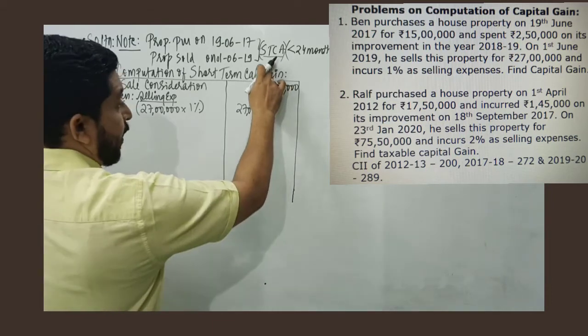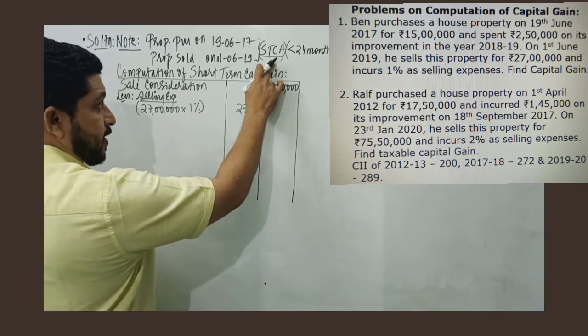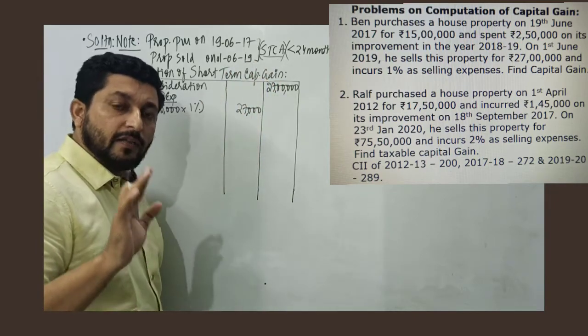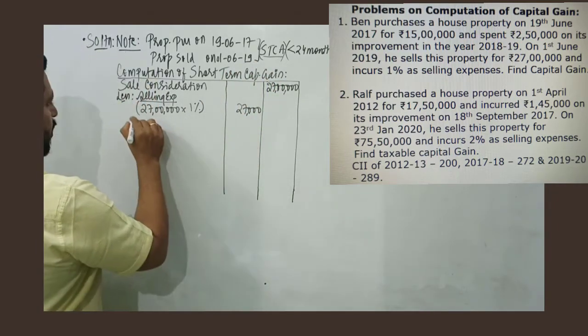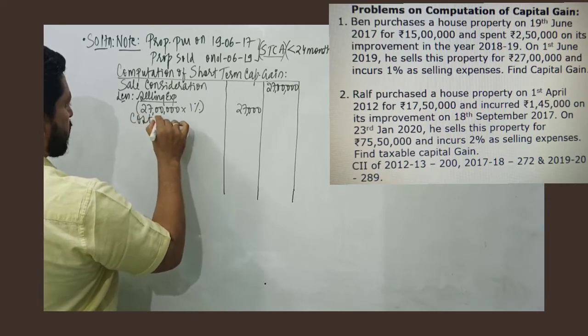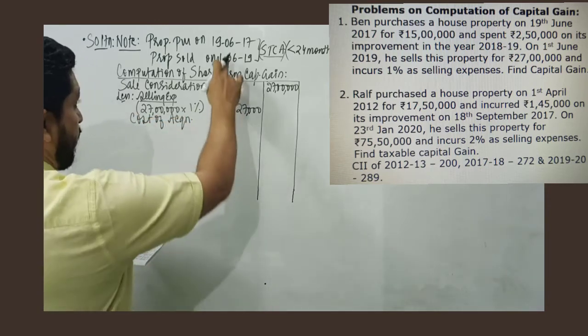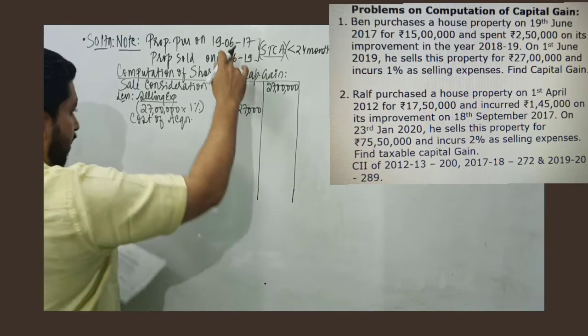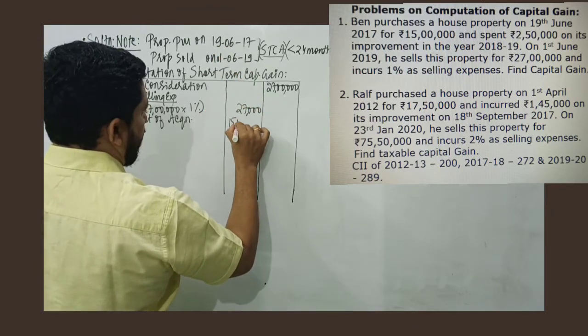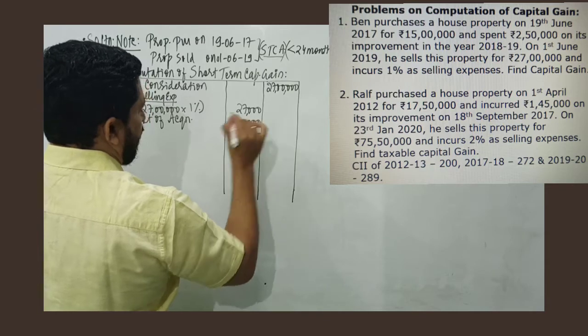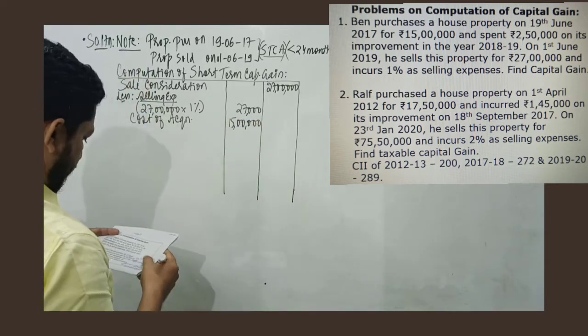Now, since this property is a short-term capital asset, we will simply be taking the cost of acquisition. So, I record over here cost of acquisition. It was purchased on 19th of June 17 for rupees 15 lakh. So, I record 15 lakh in the inner amount column.